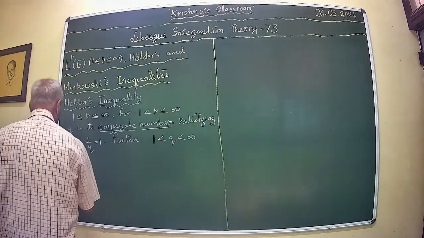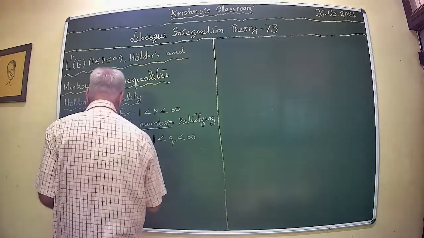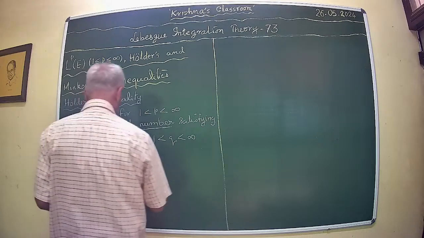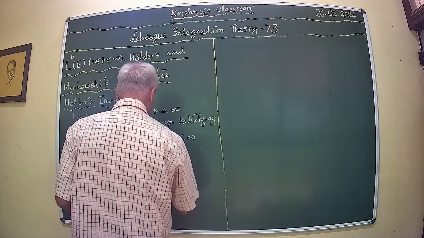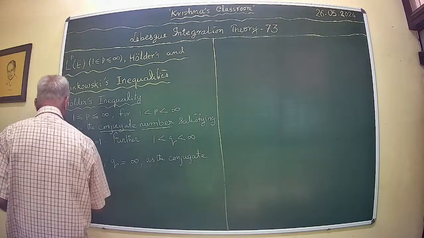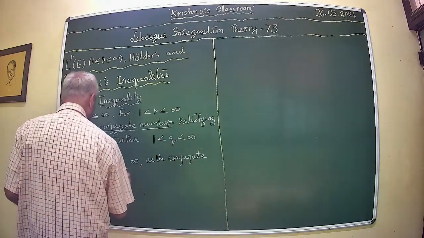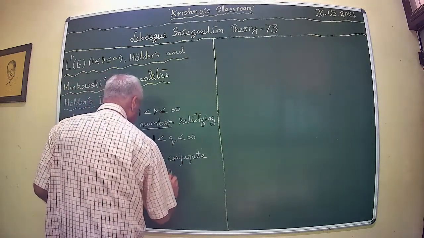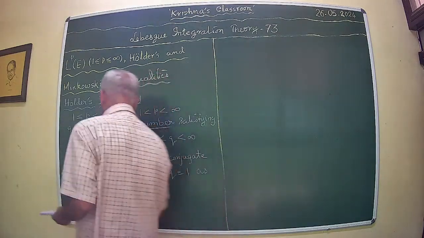For p equal to 1, q is defined as infinity. Also, for p equal to infinity, q is defined as 1 as the conjugate.